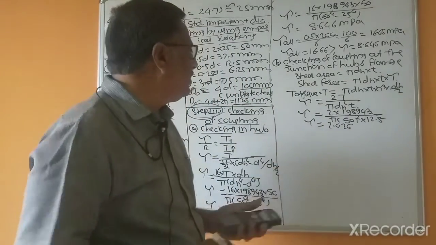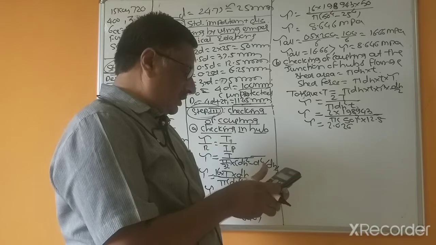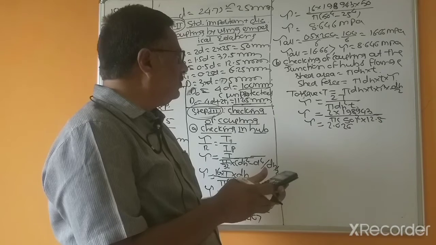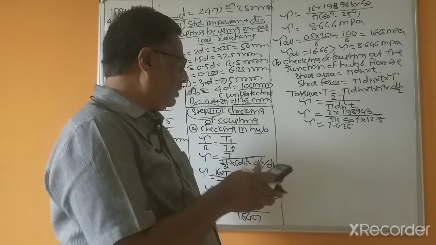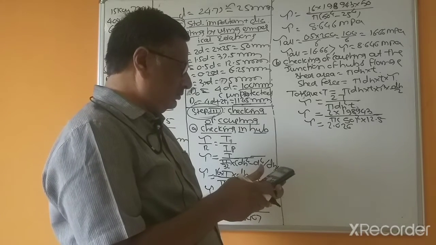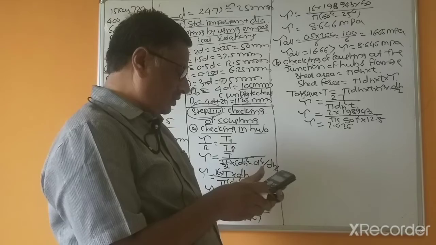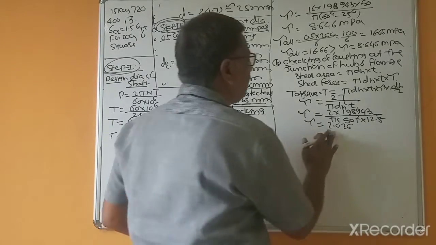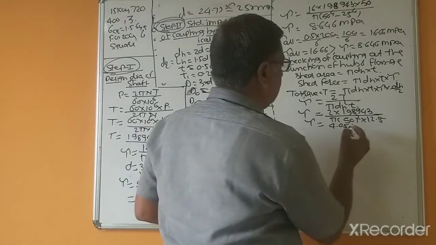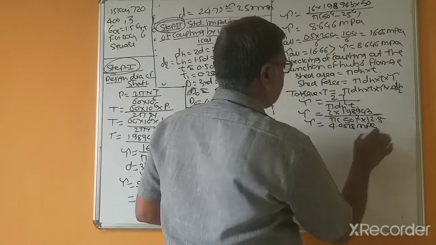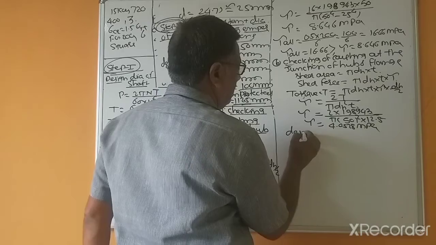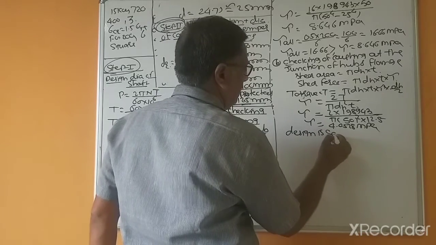Once again I will check, because I think this is very small. Once again, multiplied by 2 divided by pi divided by 50 squared divided by 12.5. This is 4.05 megapascals. So I think this term was missed by me. Now this is also within limit, so that's right. Design is safe.